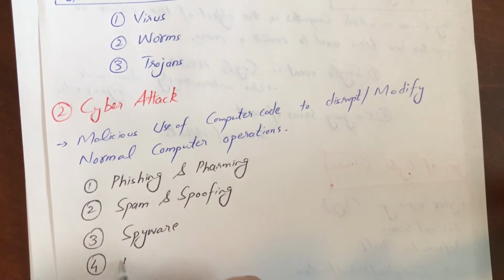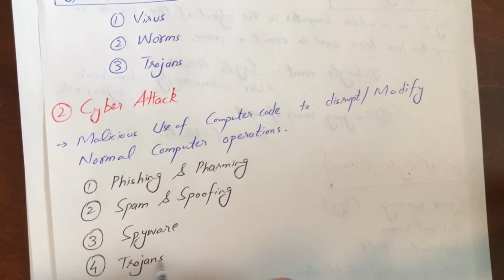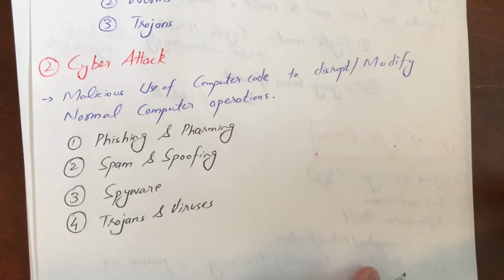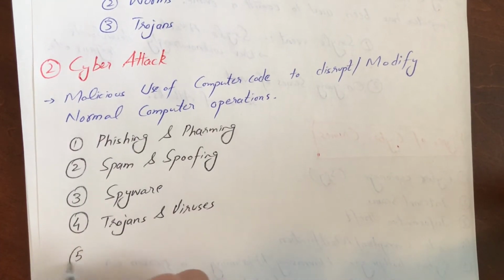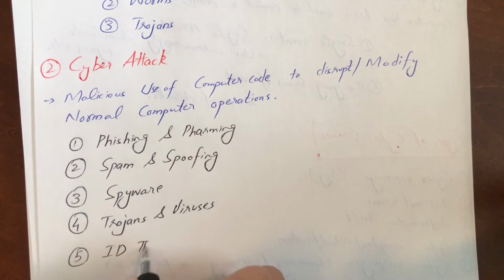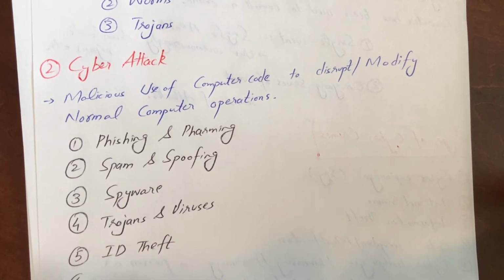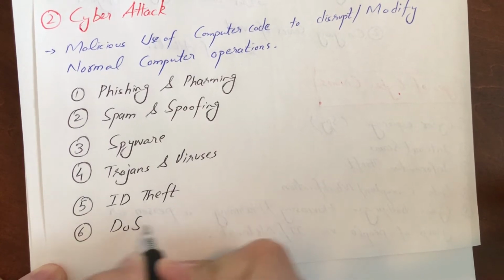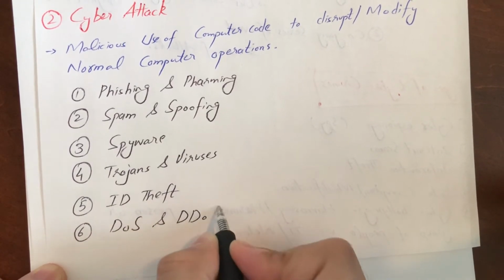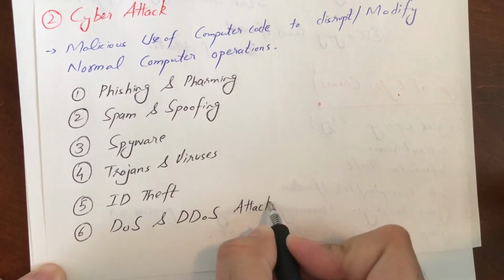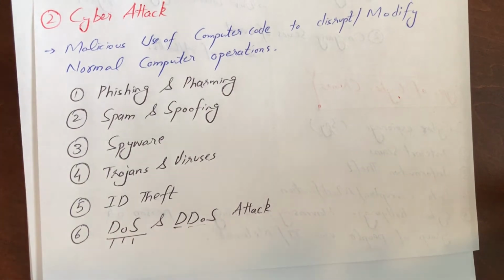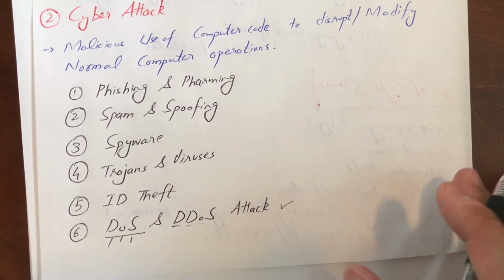The fourth one is Trojans and viruses. We'll discuss that in the next class. Fifth one is ID theft, identity theft. And the sixth one, which is again very important and most common, is known as denial of service and DDoS attack. DoS and DDoS stand for denial of service and distributed denial of service attack. So let's start with the DoS attack first, which is again easy to launch and easy to understand as well.